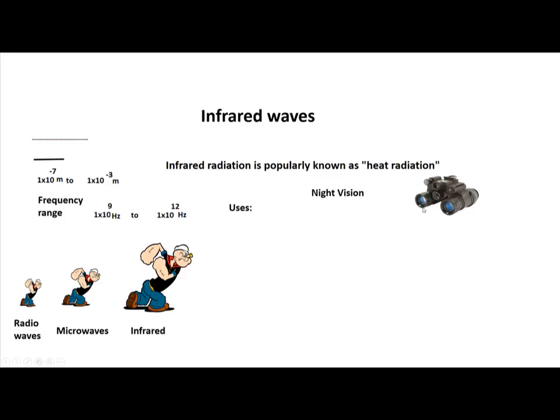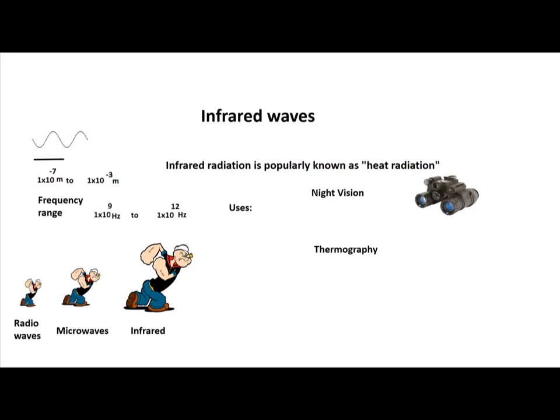You're able to see both living things and non-living things as long as they produce some heat. This instrument can not only detect the object but is actually able to form the shape of the object as well.